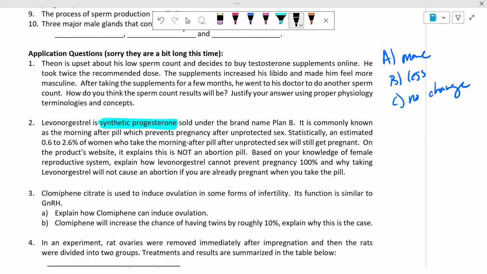If you remember anything at all from today's lesson, from the chart, from the diagram, all the stuff we draw, what does progesterone do to other hormones in the body? Does it increase things, or does it decrease things?